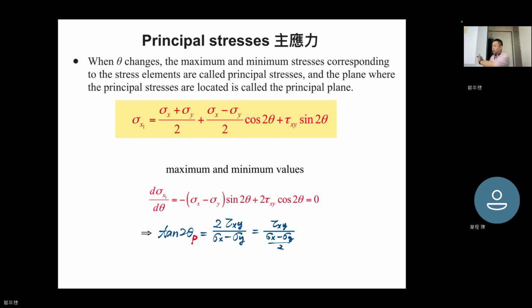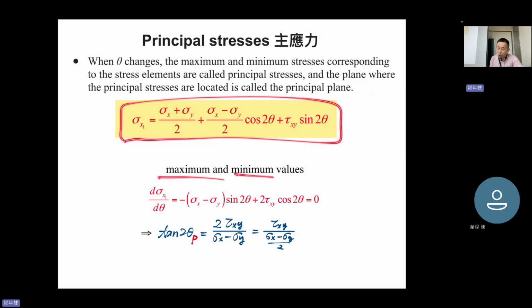So now tangent 2 theta p equal to this value. Don't forget tau xy, sigma x, sigma y are all known. You know the value. So you can get this value and you determine theta p. So this theta p will make sigma x1 maxima or minima.